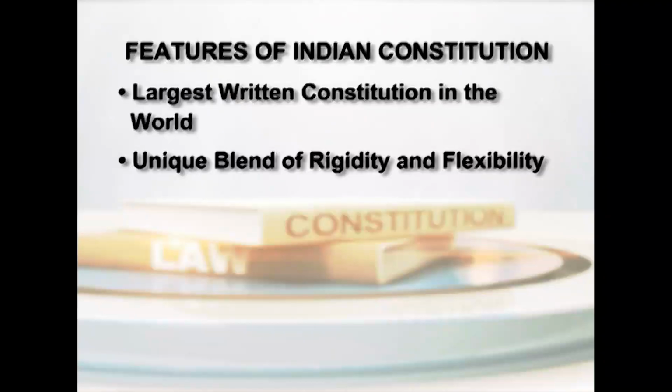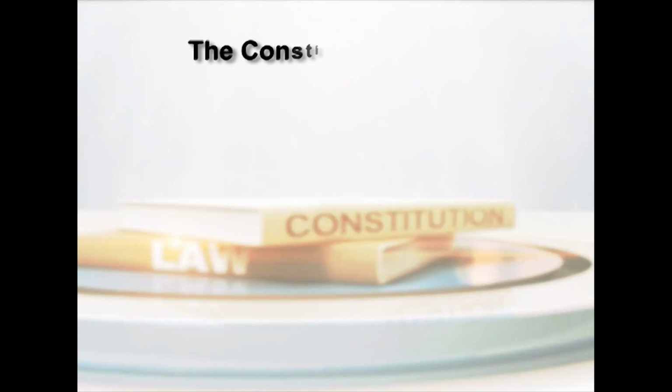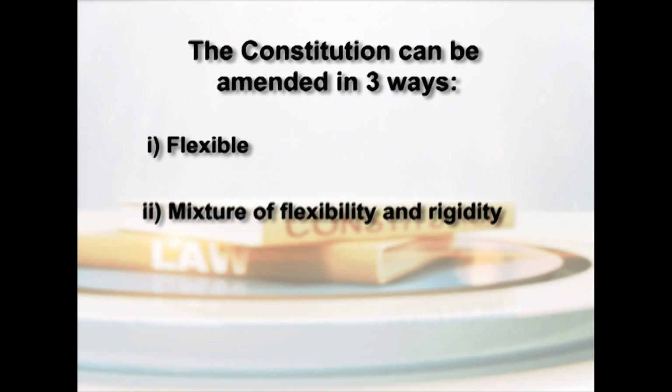There is a harmonious blend of rigidity and flexibility. According to Article 368, the Indian Constitution can be amended in 3 ways. One is flexible, one is a good mixture of flexibility and rigidity, and the third one is very rigid.